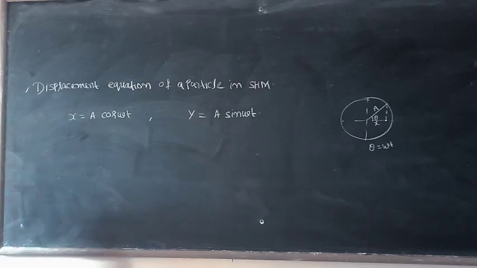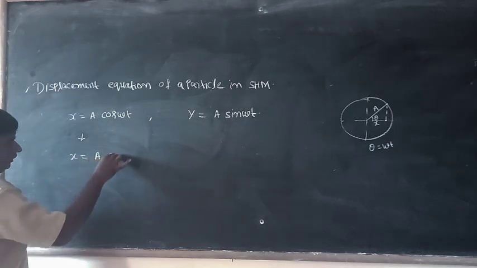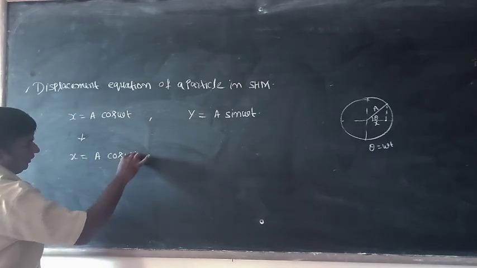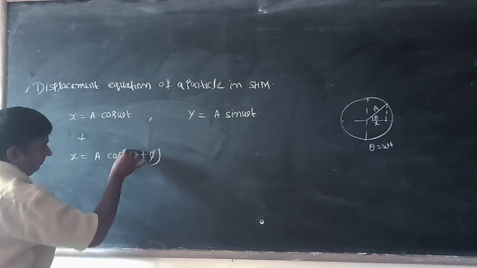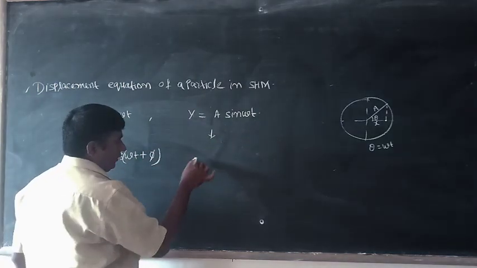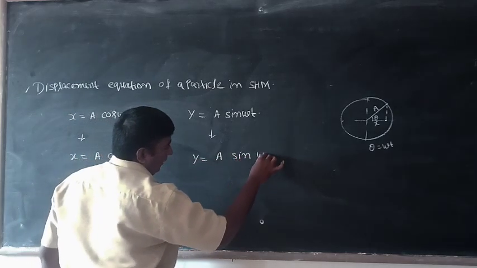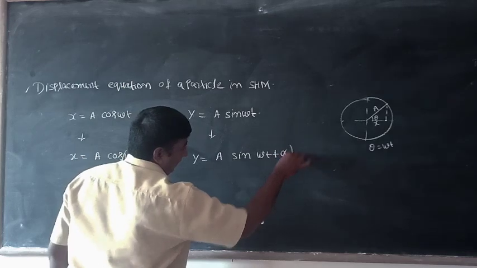With respect to time, this equation can be represented as x equals A cos(omega t plus phi), and in the same way, y equals A sin(omega t plus phi).